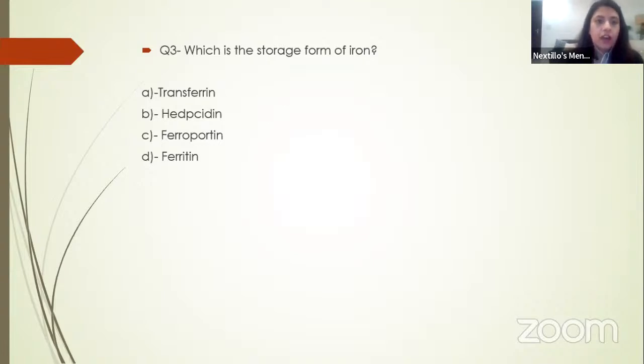Hepcidin is the regulator hormone, and ferroportin is the transport molecule on the surface of the cell. So the answer is D, right? It is ferritin. Great. All of you are giving correct answers, and the first correct answer is given by Yaduvendra Singh. So that's great.